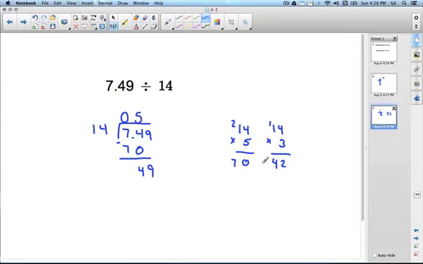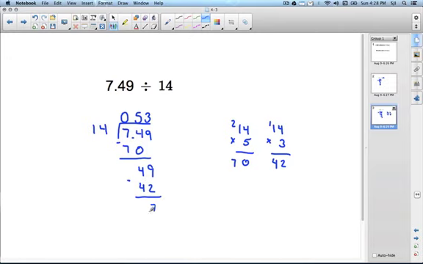And we get 42. So my estimation of 3 was awful close, and I'm going to put 3 right here above the 9. And now I'm going to take this 42 and line it right up underneath the 49. And now we're going to subtract. 9 minus 2 is 7. 4 minus 4 is 0.